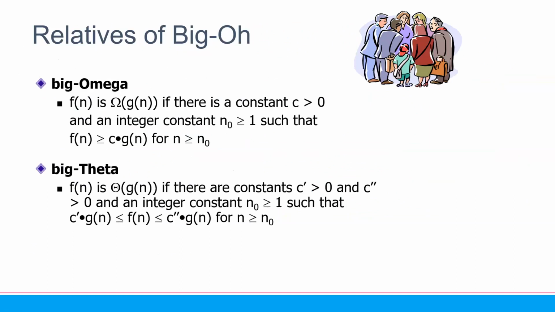There are other terms related to big O. These are the relatives of big O. We have big omega and we have big theta.